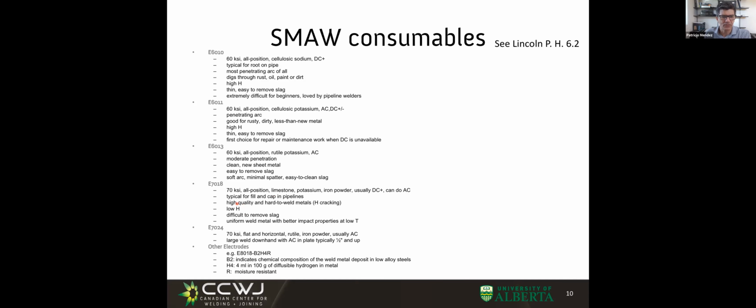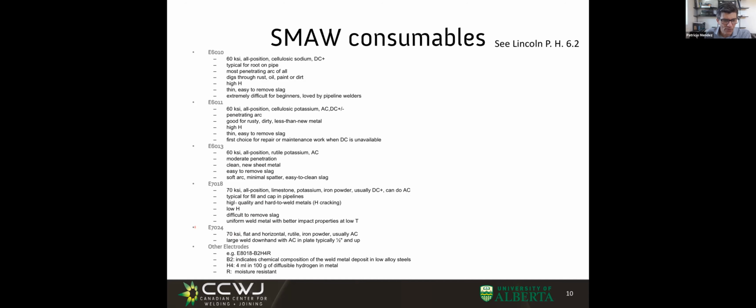It's because it's low hydrogen, it's good when we have issues in which too much hardness could cause cracking. Removing the slag is a little bit more difficult in 7018 than in 6010. In 6010, essentially the slag falls by itself. And 7018 gives us also really good impact properties. And 6010, not so much.